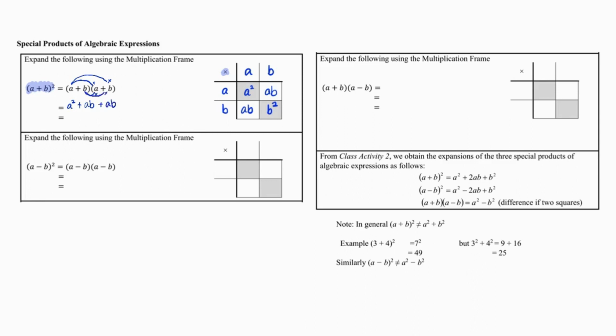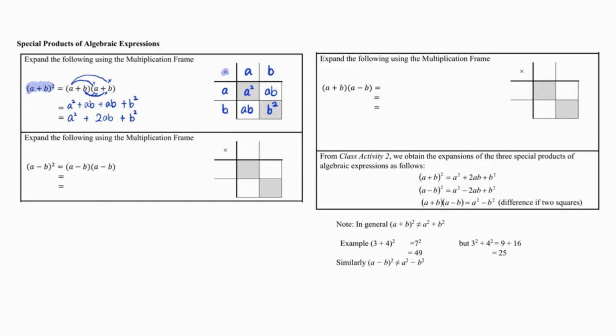And I would have positive b square, and eventually the ab terms are like terms, and I would have this identity or formula that we could use if we see a plus b bracket square. We can just substitute into this formula.